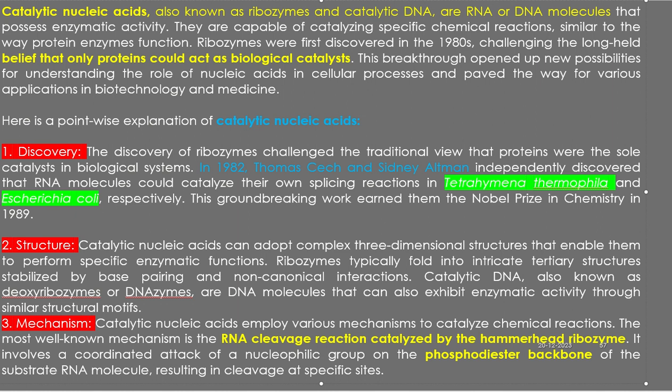Now, the next point you have to remember is the mechanism, how it will work. There are various mechanisms by which these enzymes catalyze chemical reactions. The most well-known mechanism is the RNA cleavage reaction catalyzed by ribozymes. It involves a coordinated attack of nucleophilic groups on the phosphodiester bonds of the backbone, and it requires a substrate RNA molecule, resulting in cleavage at specific sites.